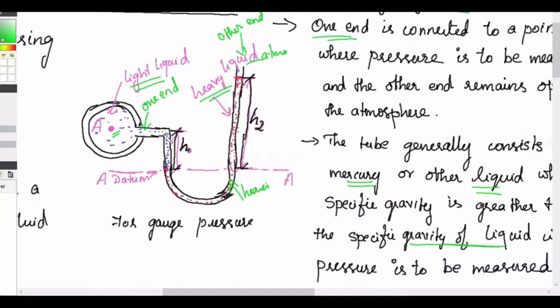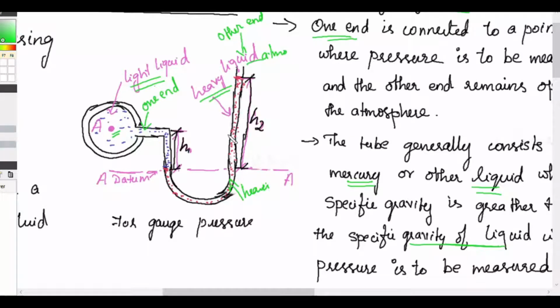Listen, the U-tube manometer consists of two liquids. One is a light liquid at which the pressure is to be measured, and the other is the heavy liquid in the manometer. In the piezometer you had only one pressure head, only one h.